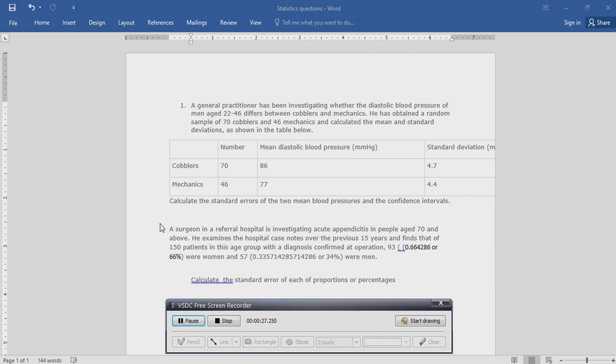Here's a question. A surgeon in a referral hospital is investigating acute appendicitis in people age 70 and above.